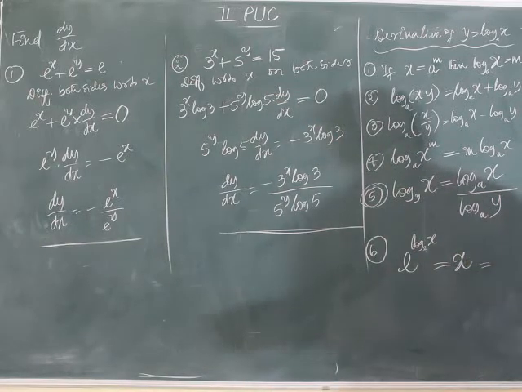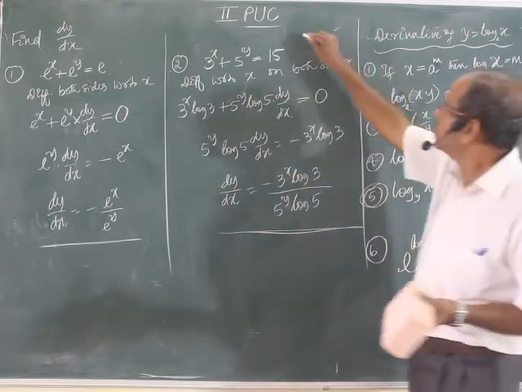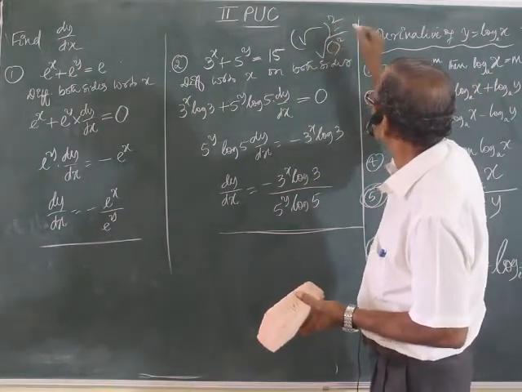Or I can write it like this also: log of e to the power x to the base e. E to the power log or log e to the power x, one and the same. Square root whole square or whole square square root, one and the same.